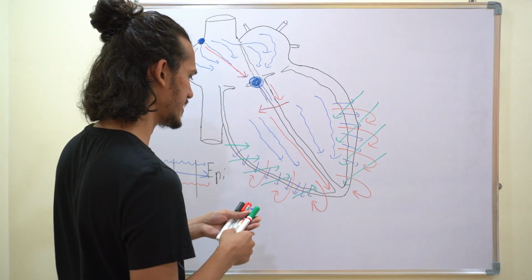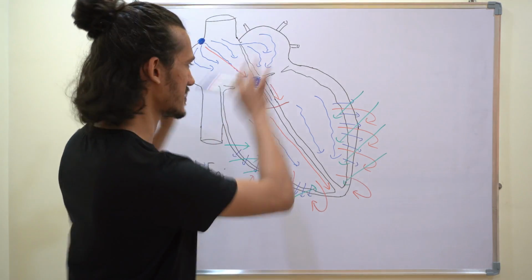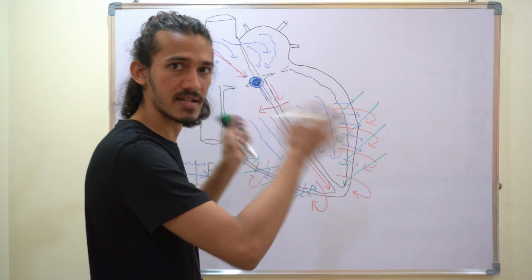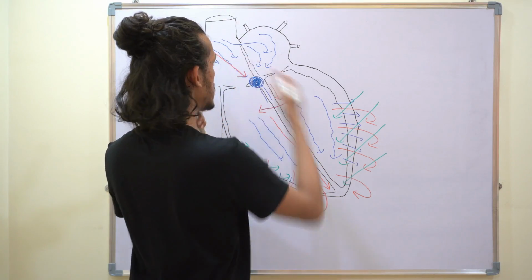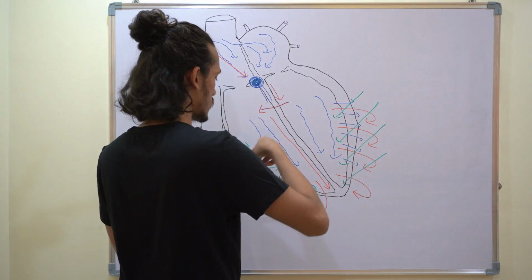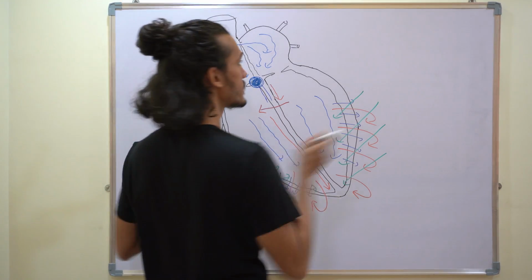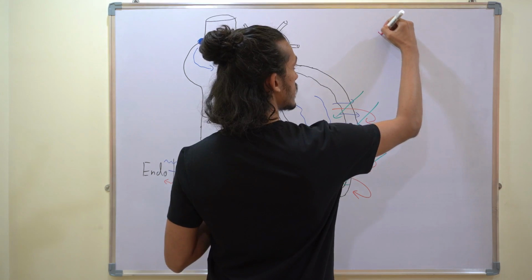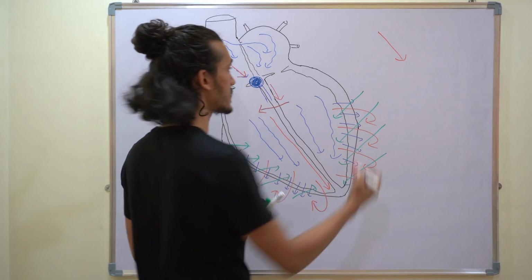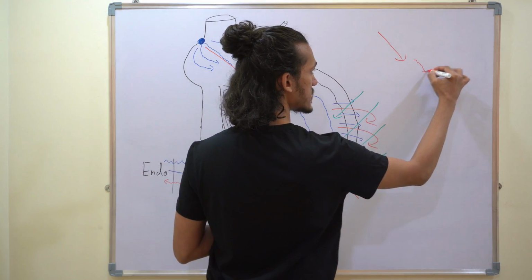So if I were to draw all these currents, it looks very confusing over here. I'll try to draw these currents again. So initially what happens is, from the SA node to the AV node, right? Atrial activation. This is how it happens. And after that, the left part of the septum is activated.